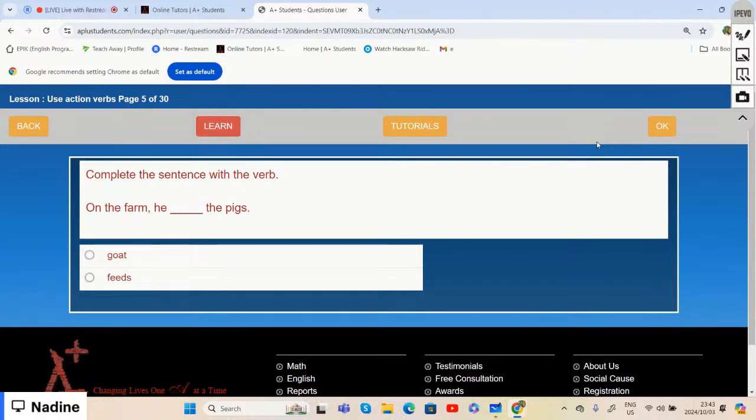The next one says on the farm. Do we say he goat the pigs, or do we say option two, he feeds the pigs?